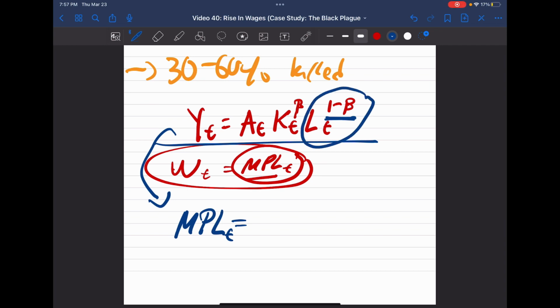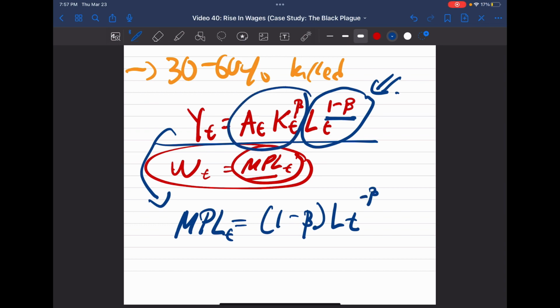So we take the partial derivative of this portion here, which is simply 1 minus beta multiplied by L_t, and we reduce the exponent: 1 minus beta minus 1 is minus beta. Then we multiply the rest here. This just follows through. That's basic calculus. Multiplied by A_t and K_t to the power of beta.